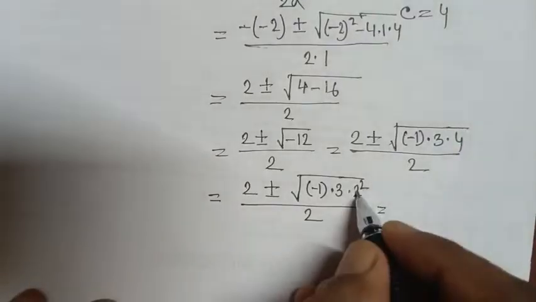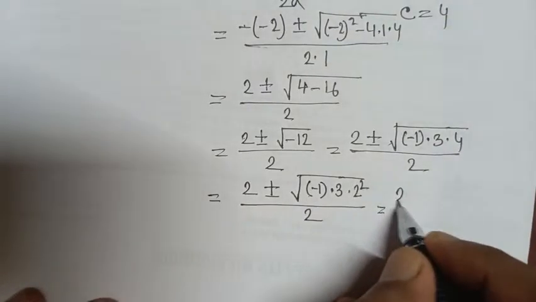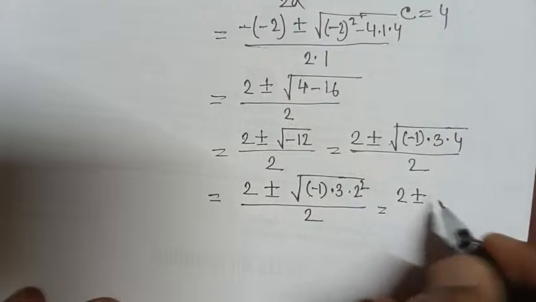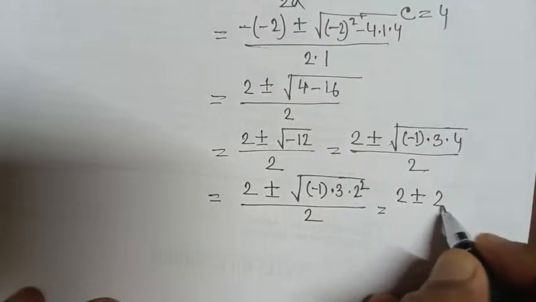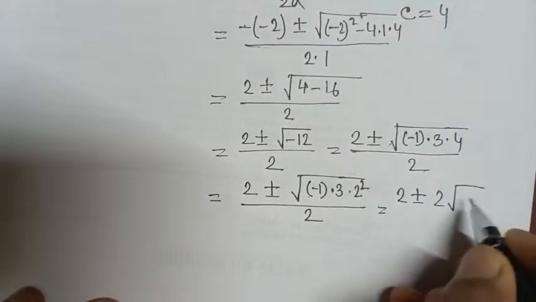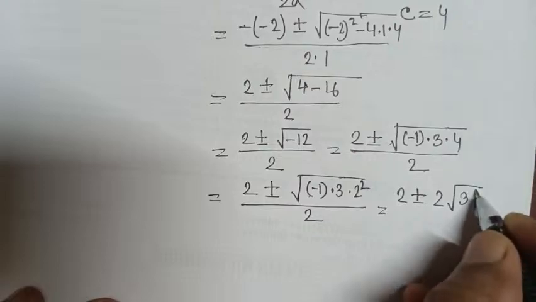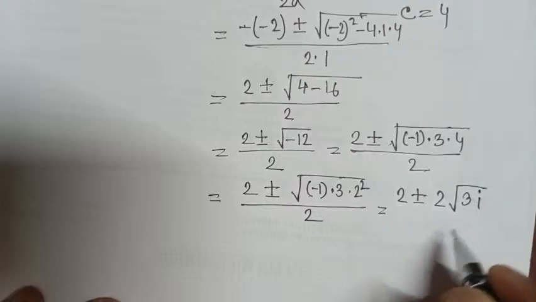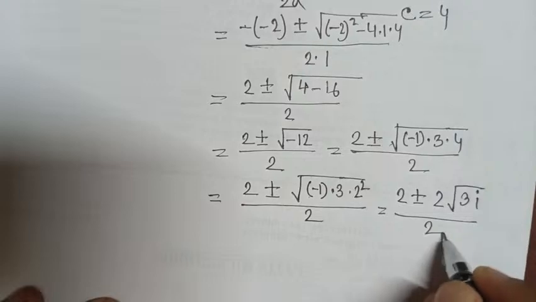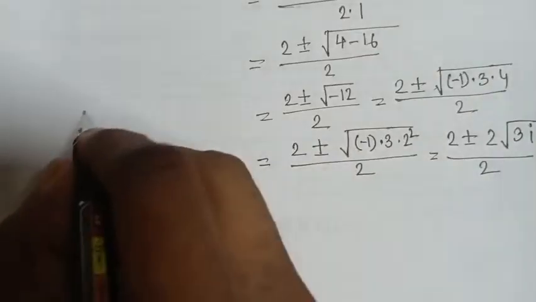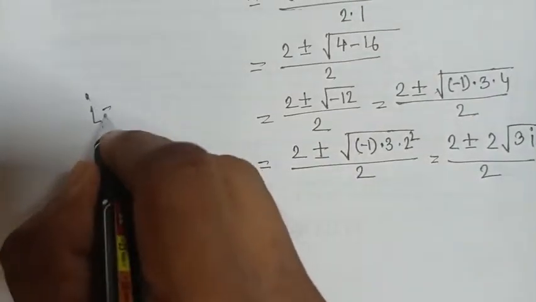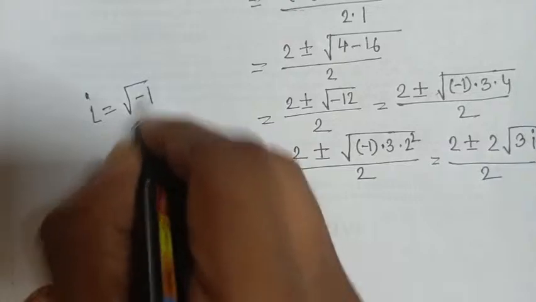So we can write here 2 root 3 and root of minus 1 will be i, that by 2. In complex numbers we know that i equals root over of minus 1.